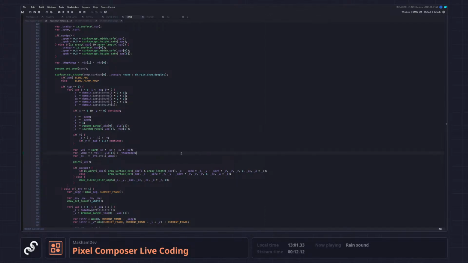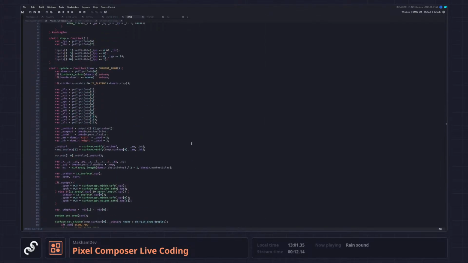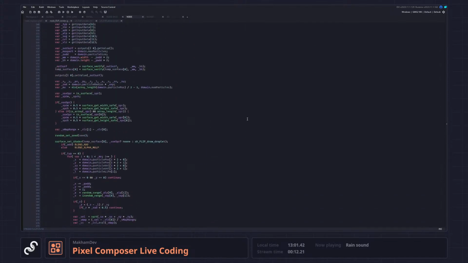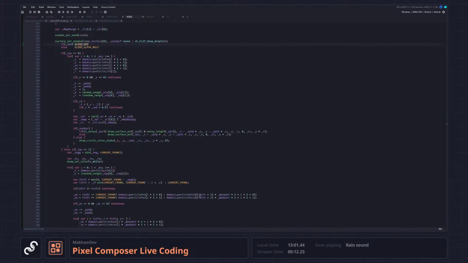So maybe because we used additive mode, that's why it becomes white very quickly.